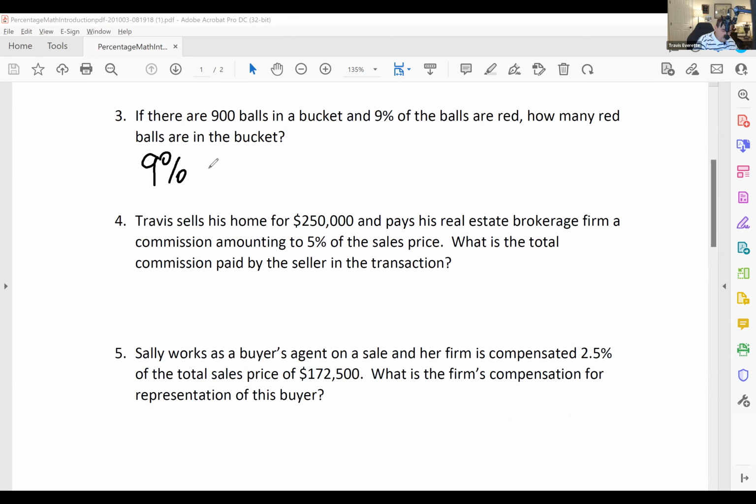9% of 900 are red. See, I love writing this out in words. 9% of 900 are red. And they want to know how many red. So let's start changing. 9% becomes 9 divided by 100.